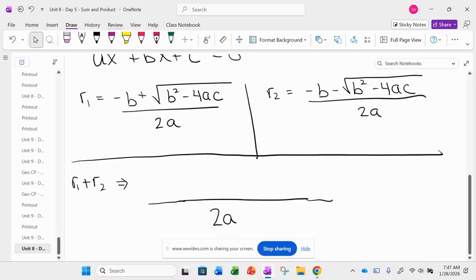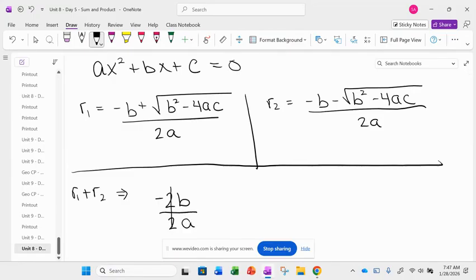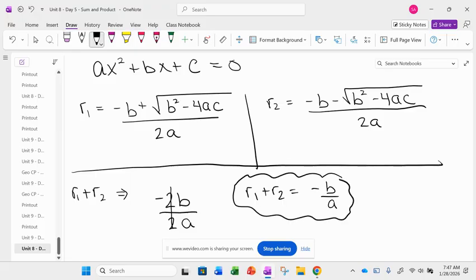When I add the numerators, I have a -b plus a -b, which is a -2b, but then I have a positive root of b squared minus 4ac, and a negative root of b squared minus 4ac. So what happens there? They cancel. So actually, I'm just left with -2b over 2a. Can I cancel out those 2's? So then root 1 plus root 2 will be -b over a. And that's the sum of the two roots.